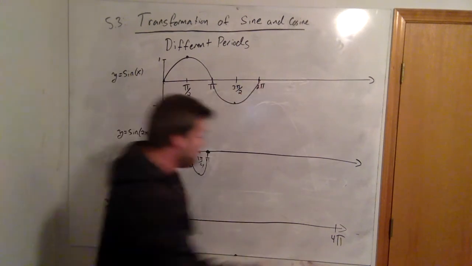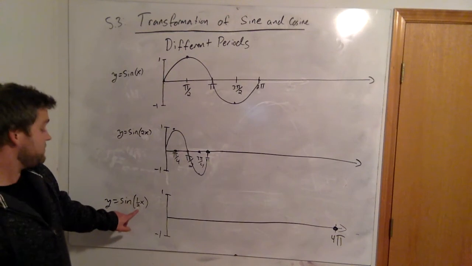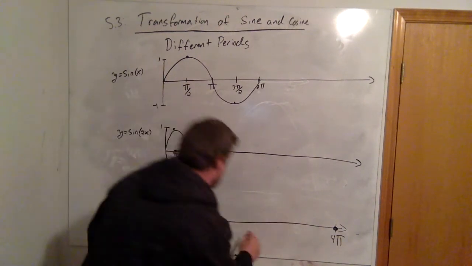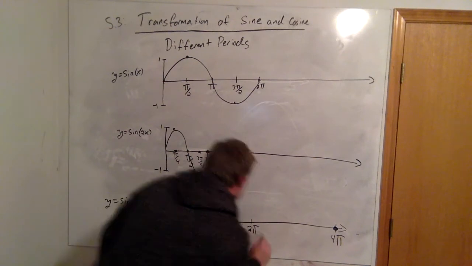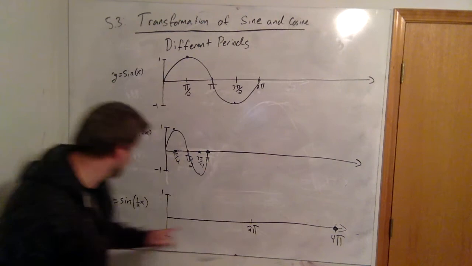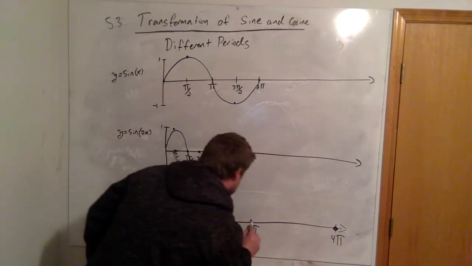It'll be this output. So in this case, when I'm multiplying the inside of the function by a half, I'm actually stretching my graph out. Notice plugging in 2 pi into here, I do 1/2 times 2 pi. That'd be evaluating sine at pi. Well, sine of pi is 0.